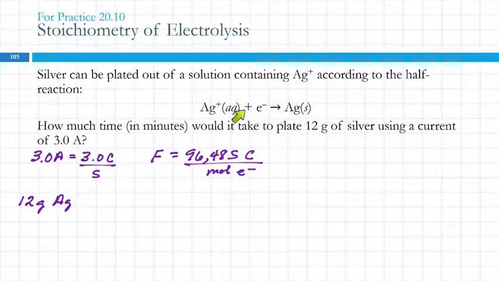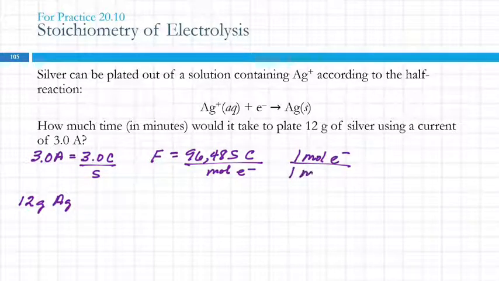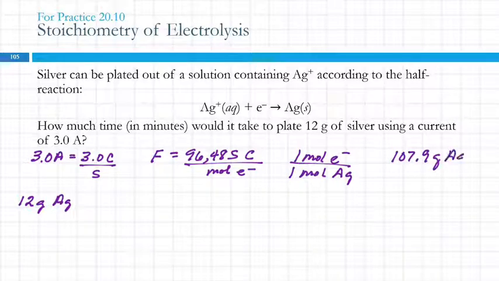And the balanced chemical equation gives us the relationship between moles of silver and moles of electrons. 1 mole of electrons per 1 mole of silver. And then from the periodic table, we know that there are 107.9 grams of silver per mole of silver.